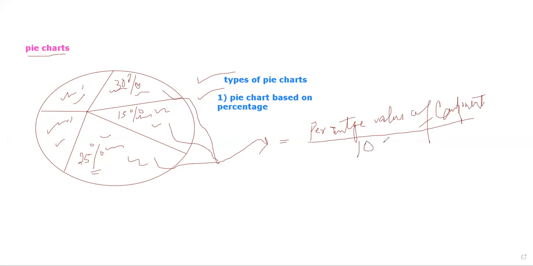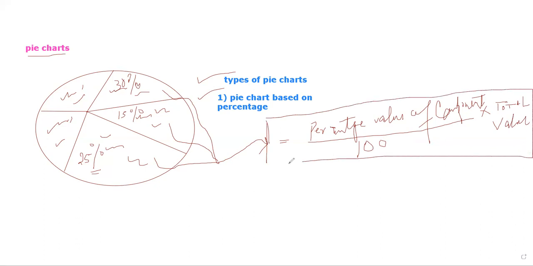You have to divide it by 100 and multiply by the total value. Remember this total value. I will show you examples later, not this time. Total value. This is the formula for calculating the value. Is it clear?